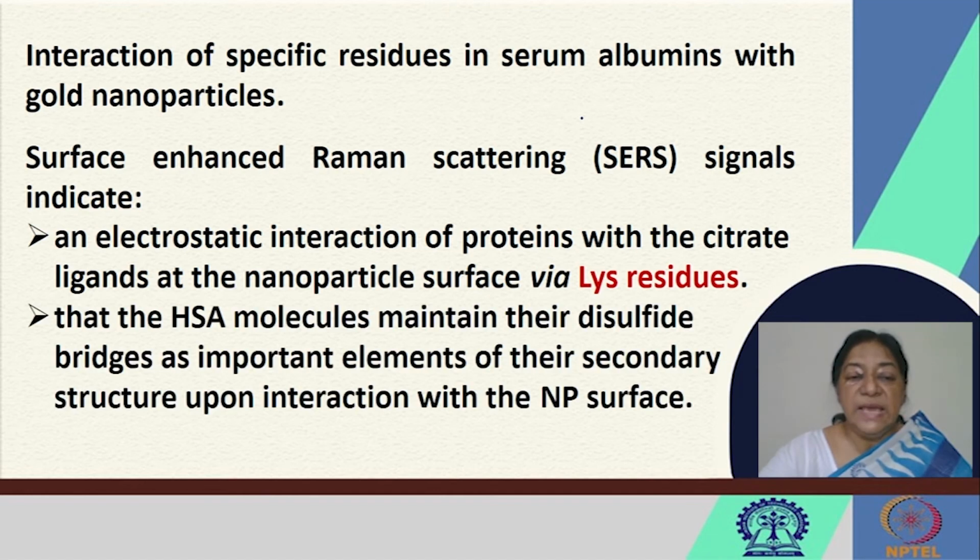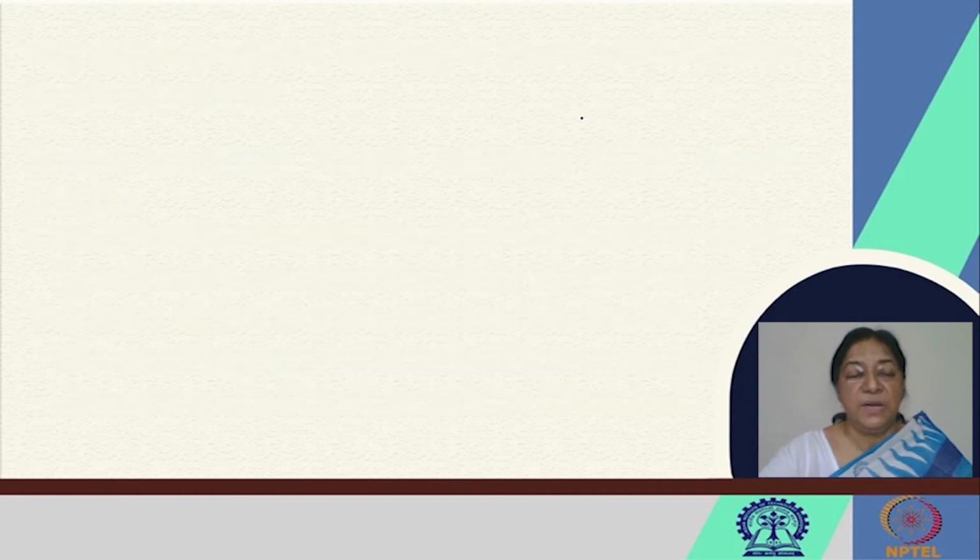Also, that the HSA molecules maintain their disulfide bridges as important elements of their secondary structure upon interaction with the nanoparticle surface. So the interaction that we can see may occur through the gold, may occur through a thiol, and may also occur through specific electrostatic interactions depending upon the size and the charge of the specific protein and the nanoparticle of interest.